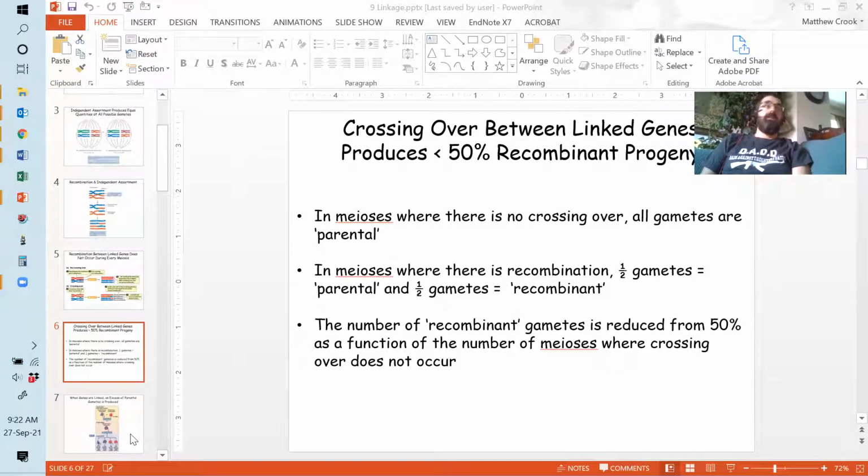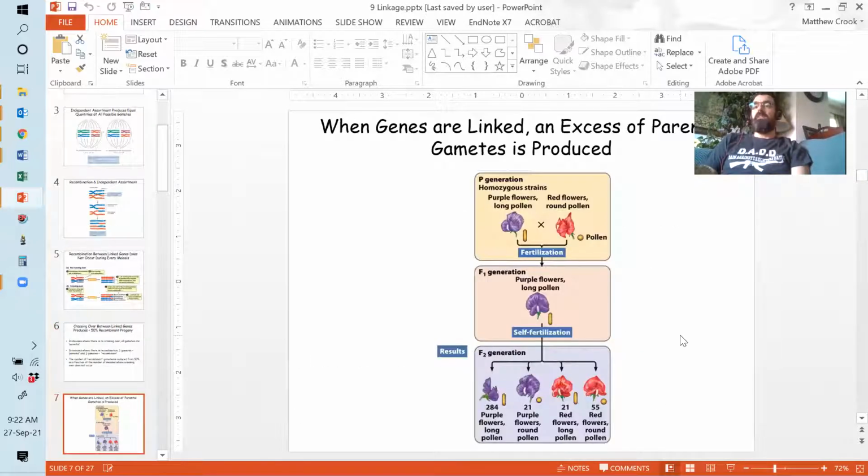It would be like a 9 to 7 for recessive, or 12 to 3 to 1, I think, for dominant epistasis. So do the same thing with linkage. With two genes which are quite closely linked together, you still get the 4 different phenotype combinations. So this is not like epistasis, where one or more of those phenotype combinations is gone because it's masked. You still see the 4 different types of phenotype combinations.